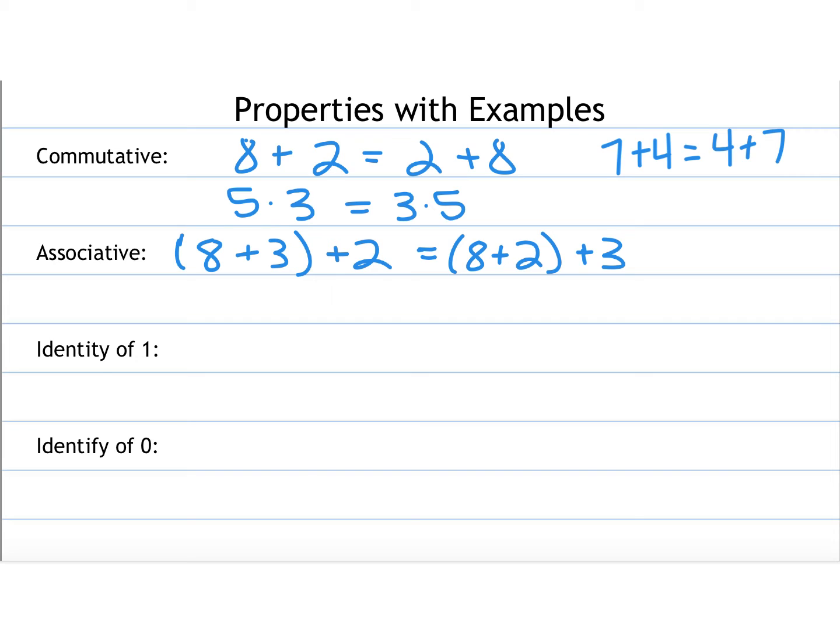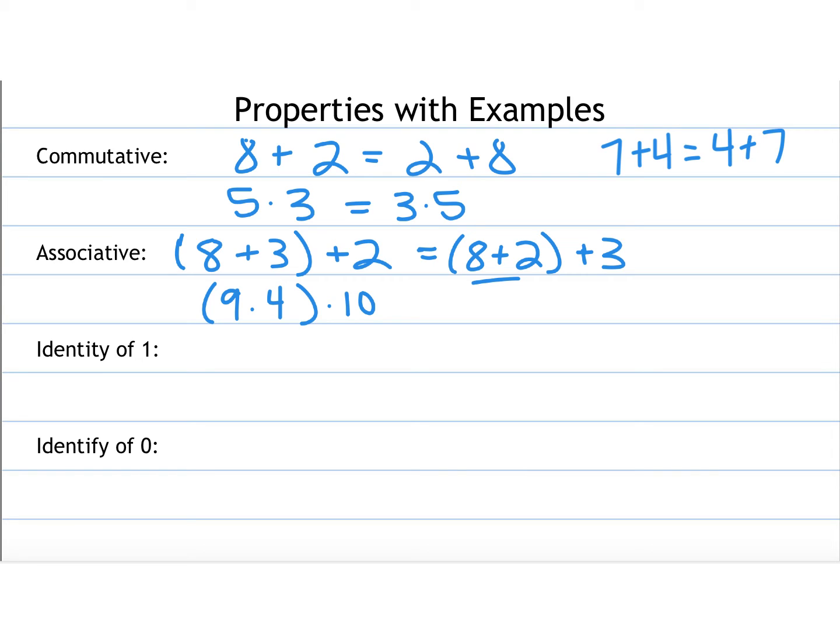If I did 8 plus 3 first, that would be 11 plus 2, which is 13. Or if I start with the 8 plus 2, that's 10, plus 3 is 13. So just changing the grouping might make it a little easier to solve. With multiplication, let's say my problem was 9 times 4 times 10.